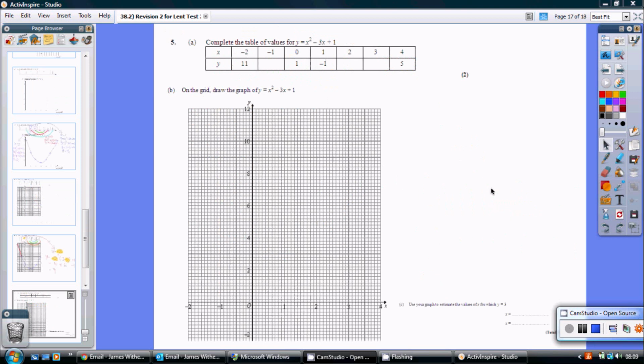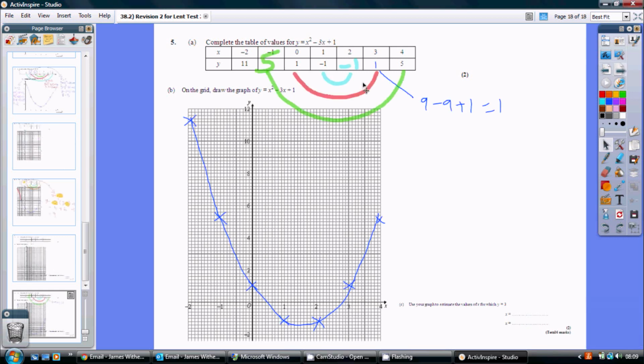Now finally, question 5. So there's no symmetry to start with, so I would suggest you start off by doing either the 2 or the 3. So I've started off by doing the 3. So when we pop 3 into the formula, we get 3 squared is 9, take away 3 lots of 3, which is taking away 9, then adding on 1 to give us plus 1.